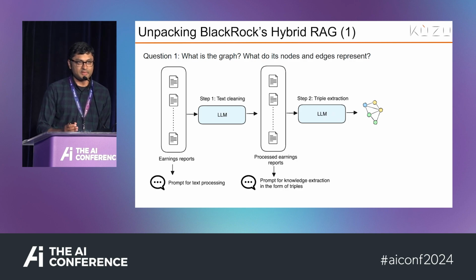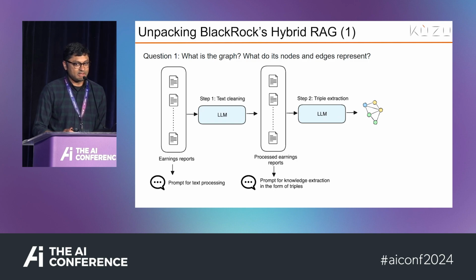Stage one is they use the chunks of data from the earnings reports. They perform a pre-processing step using an LLM prompt, and they clean that text. Essentially, the cleaning process involves generating abstract summaries of the data and cleaning the data in a way that makes it more relevant to the downstream task. So it's kind of like a way of summarizing and shortening the data and not having extraneous information. And I'll explain this with an example in the next slide.